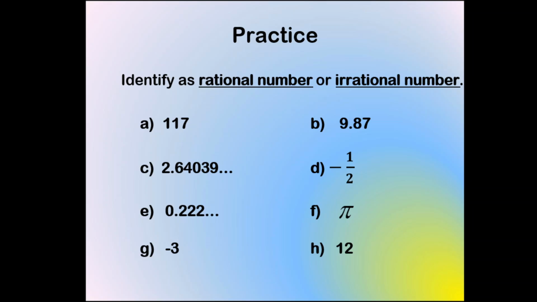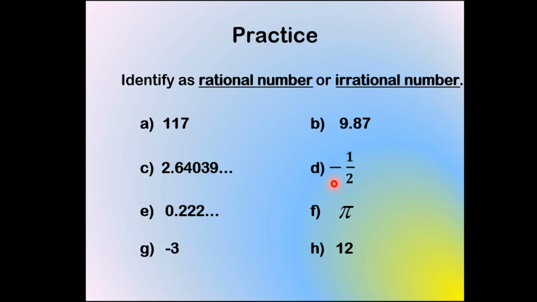Next, we have 2.64039. What is it? Right, it is an irrational number because this number doesn't end and the digits are not repeating. Again, letter C is irrational because this number does not end and the digits are not repeating.